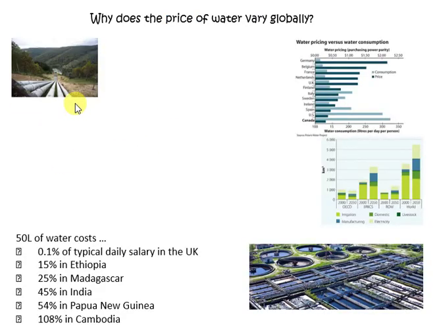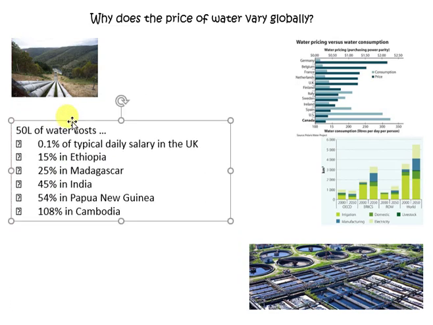Right then, a little bit on why does the price of water vary globally? If we just have a look at the typical cost of 50 litres of water in different parts of the world as a percentage of someone's typical daily salary: UK 0.1%, it's a fraction.